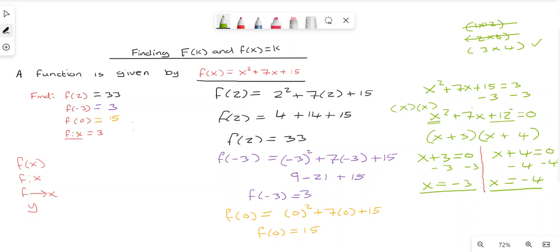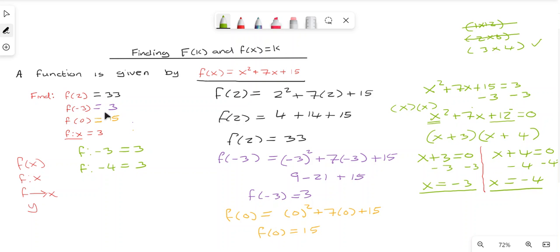So we can write it like so. This is the way we'd say it: f(-3) is equal to 3, and also f(-4) is equal to 3. All that means is that if I take this value of minus 3 and substitute it into the function, it's going to be equal to 3, and we can see that here.